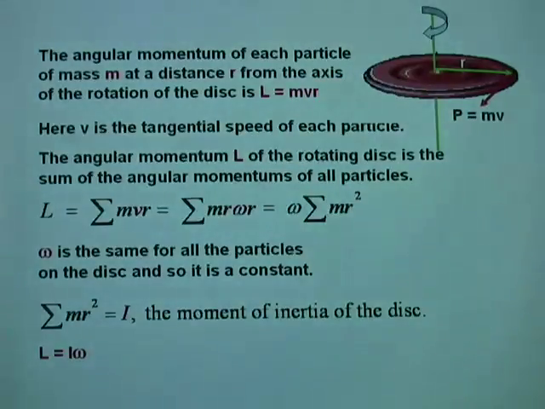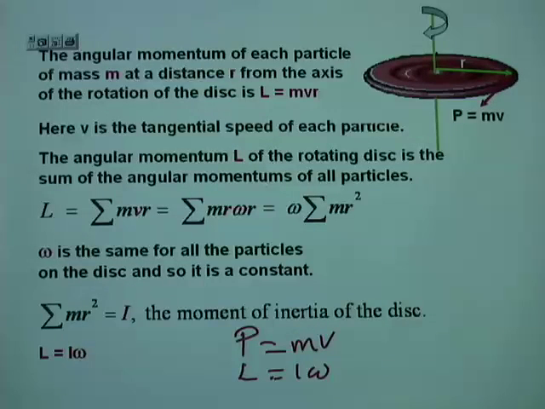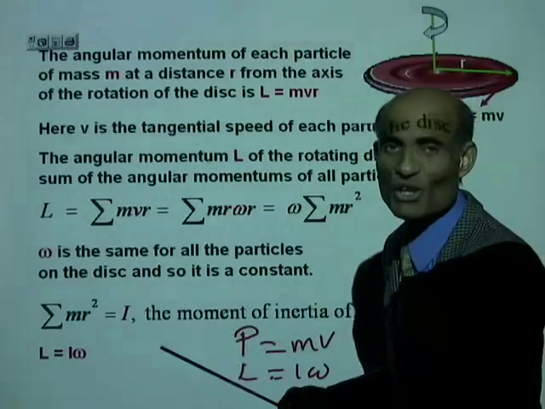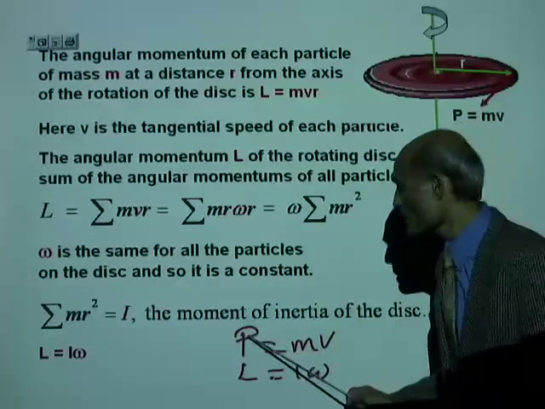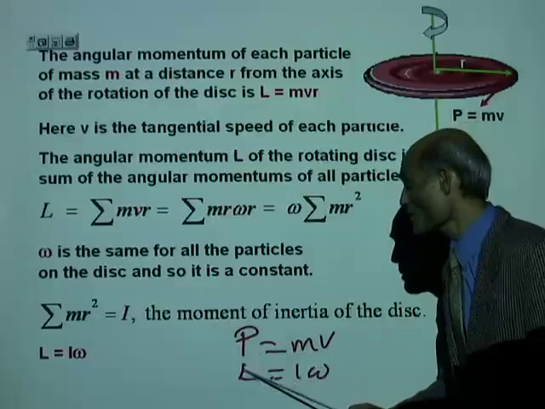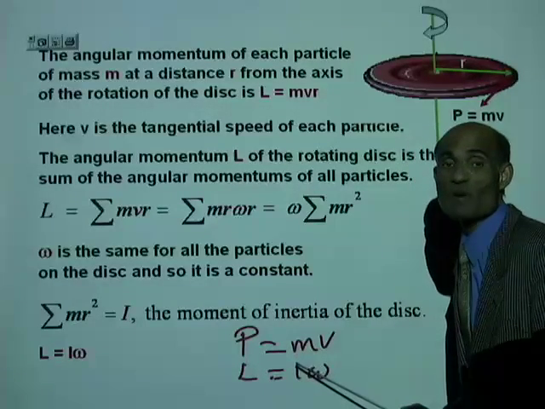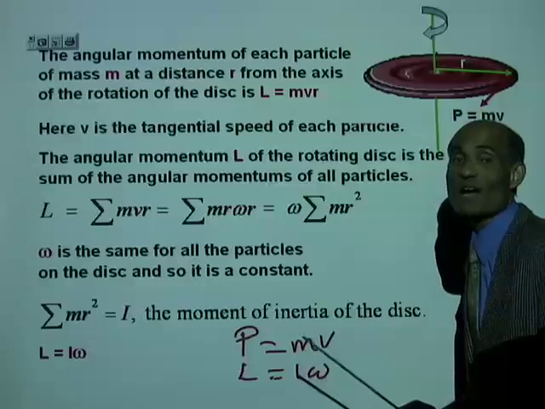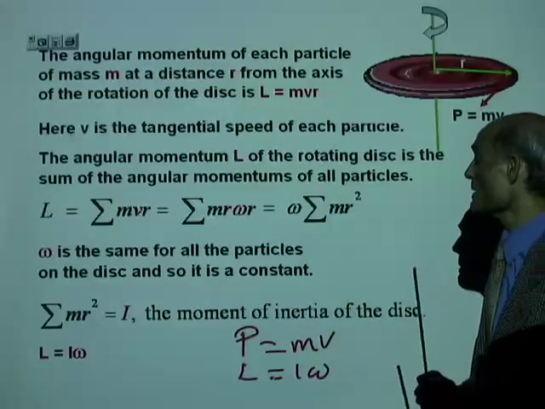Now, how does it compare with the equation for linear momentum? You know that linear momentum P equals mv and angular momentum L equals I omega. I hope now you are able to appreciate the parallel nature of this. The linear momentum P equals mass times linear velocity, angular momentum L equals I, the moment of inertia, times angular velocity omega.